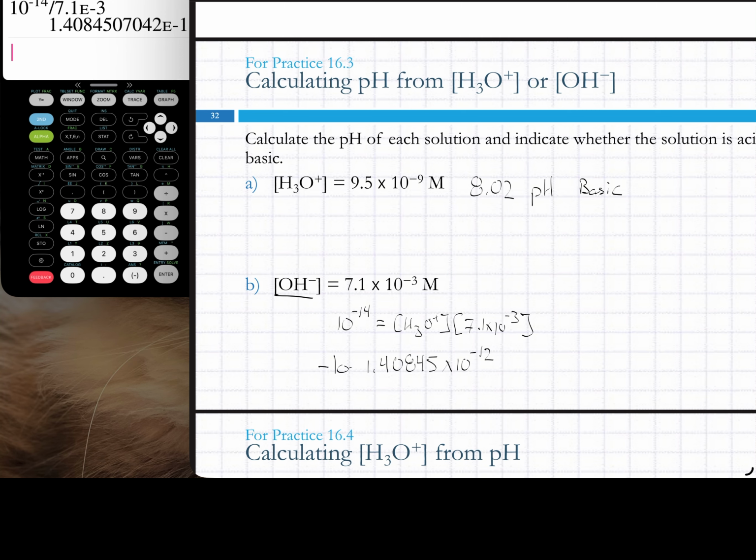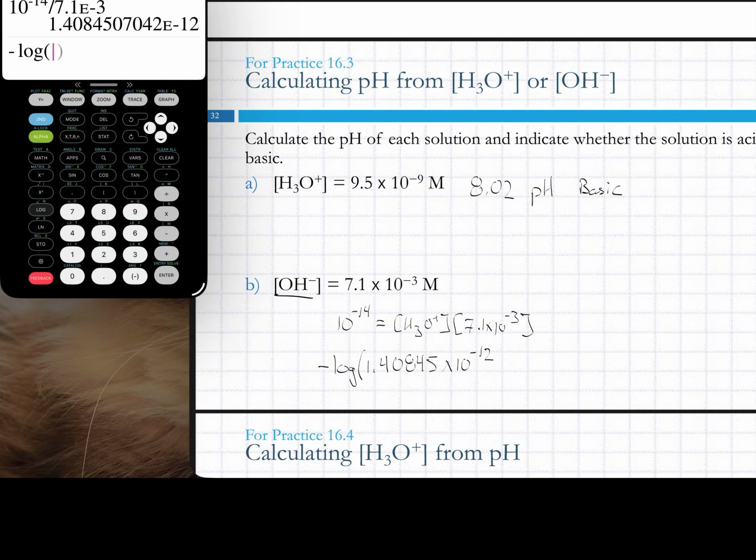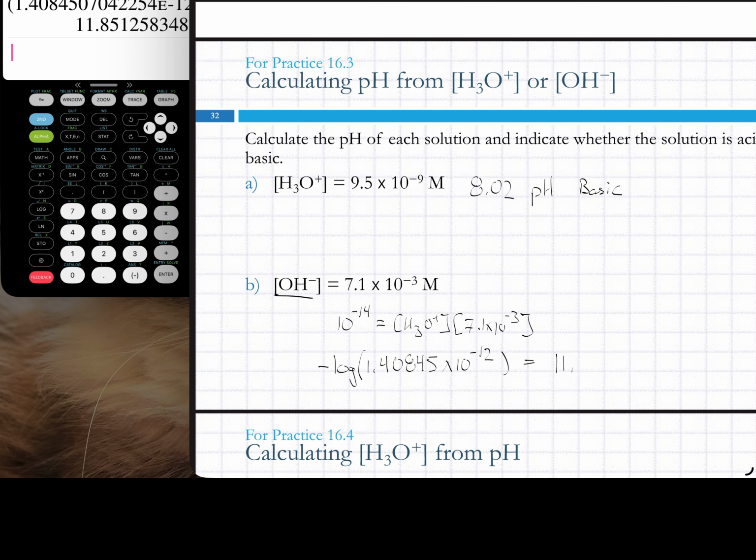And then I need the negative log of that. So acidic, basic, or neutral? That's the equilibrium constant for water, Kw. Acidic, basic, or neutral? Basic again. Even more basic.